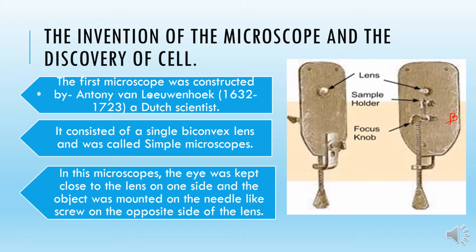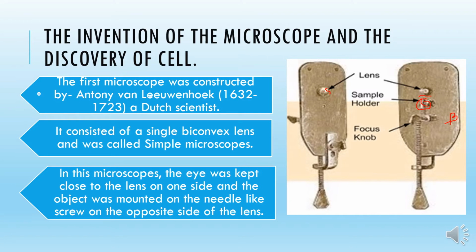On this side, the eye was kept close, and the object was mounted on this sample holder. This is a needle-like screw opposite to the lens, and through this we can see the object. We have to mount it on this sample holder.